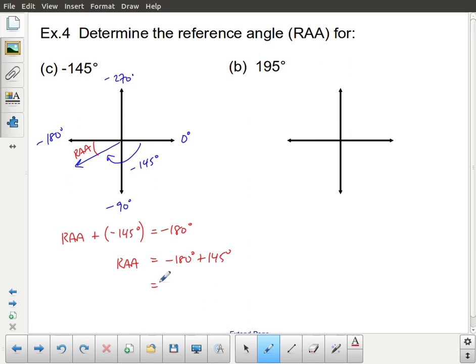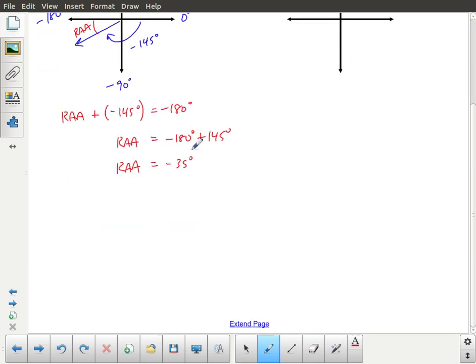And so from there, I end up with the related acute angle equal to negative 35 degrees. And if you go this route, you just need to recognize that the related acute angle is always greater than or equal to 0, which means our related acute angle must be 35 degrees.